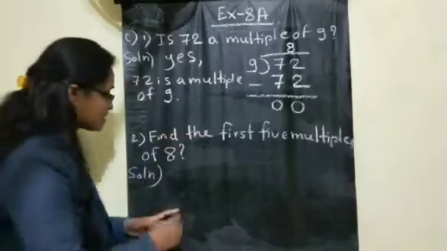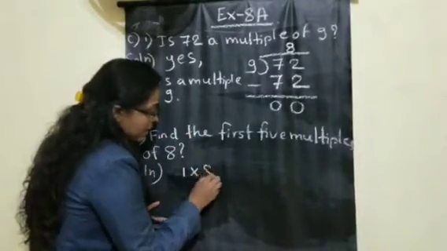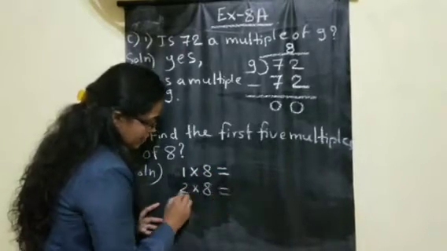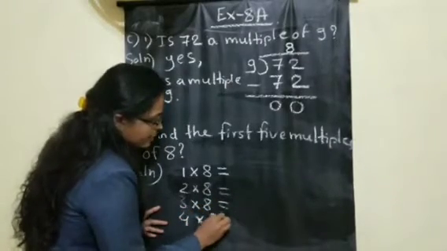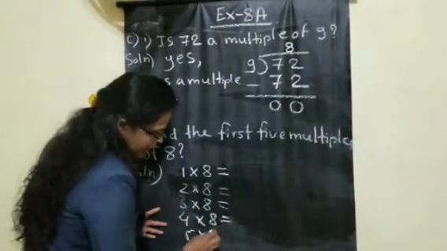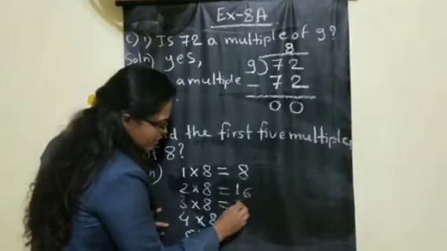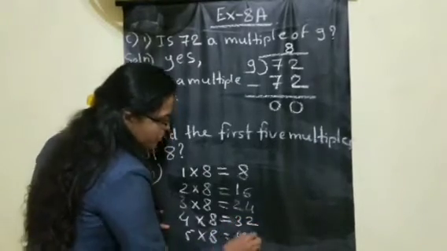How many they are asking, according to that you have to write here. 1 multiplied by 8, 2 multiplied by 8, 3 multiplied by 8, 4 multiplied by 8, 5 multiplied by 8, and get your answer. 8 1s are 8, 2 8s are 16, 3 8s are 24, 4 8s are 32, 5 8s are 40.